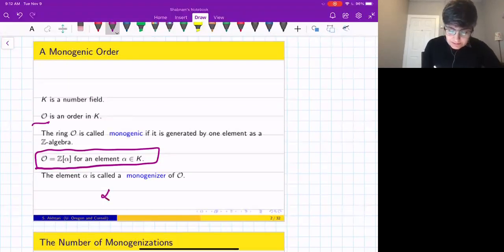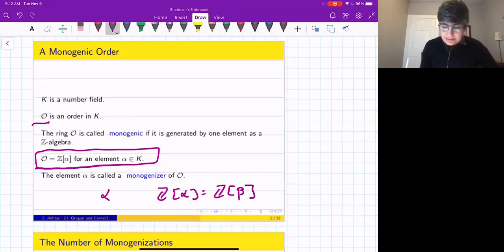So alpha is a monogenizer. The kind of questions we would ask are: is there a monogenizer, if there are, how many, is there another element like beta that can monogenize the same ring, and so on.